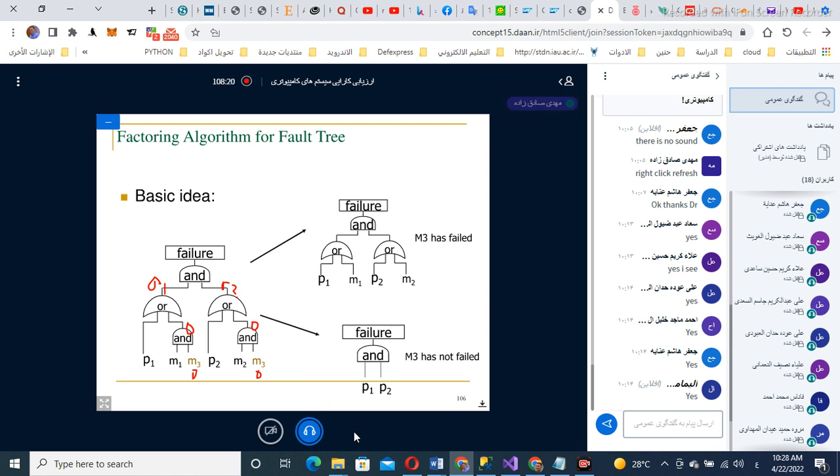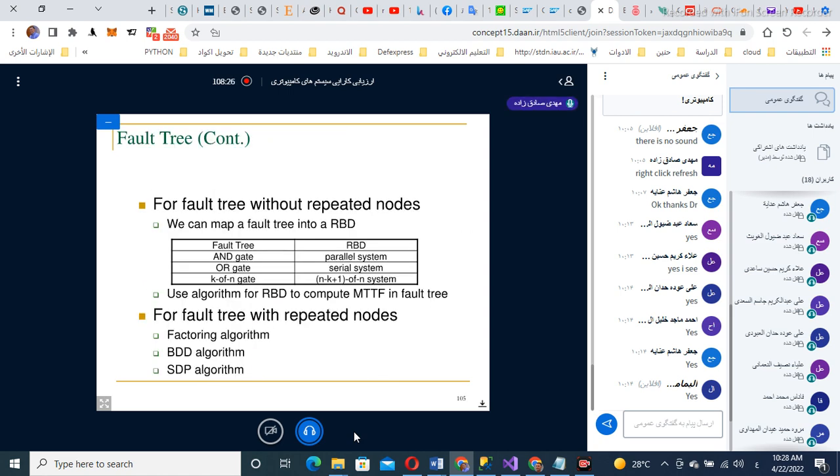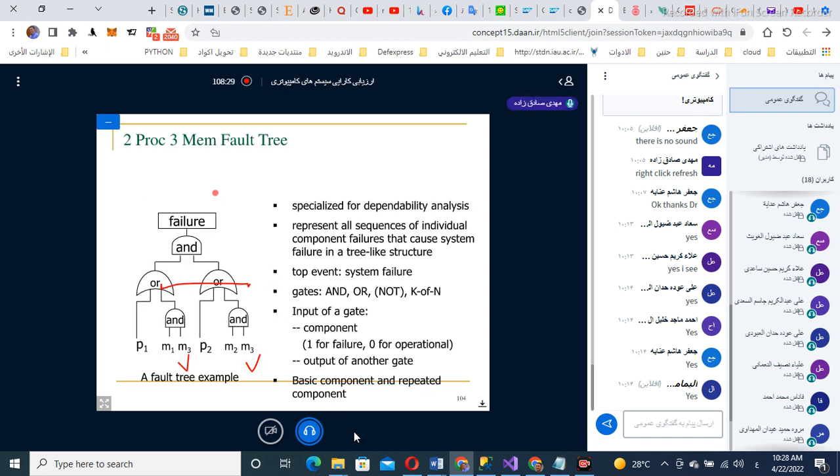Okay, this is the last slide of this lecture. You can see here, if you have one processor that serially goes to memory, that is AND, memory 1, and processor 2 and memory 2 serially. But here they are connected to each other through memory 3.